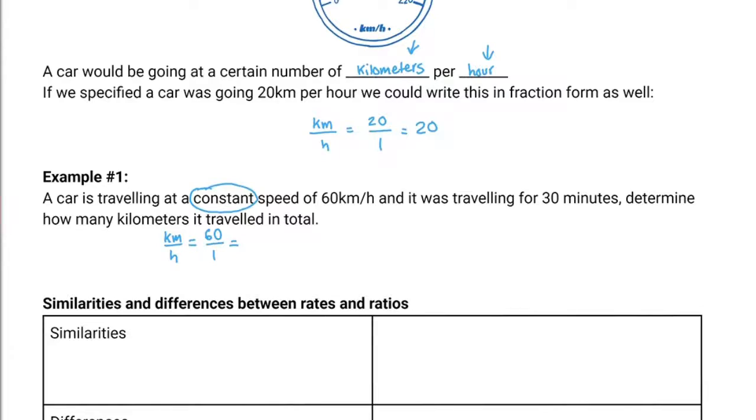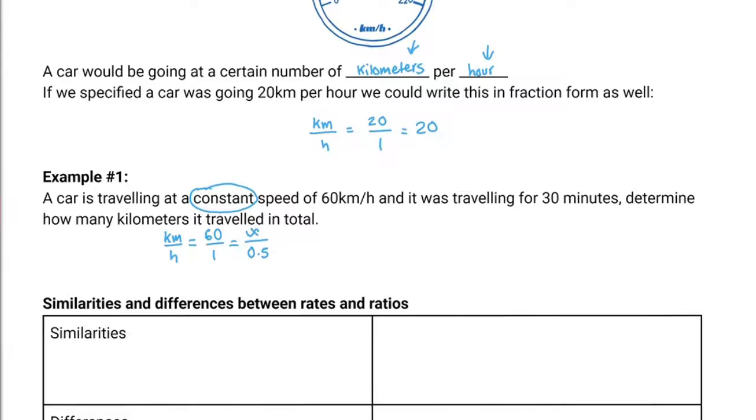And it was traveling for 30 minutes, and 30 minutes is half of an hour, so we would write 1/2 as a decimal, since that would be easier, so it would be 0.5. And now we're trying to solve for how many kilometers it traveled, so that value is unknown, so we can represent that using x.